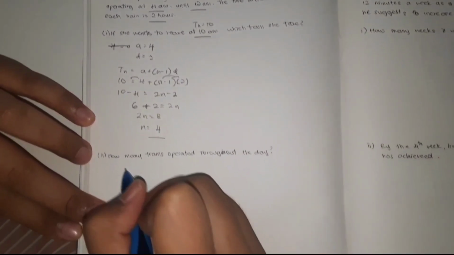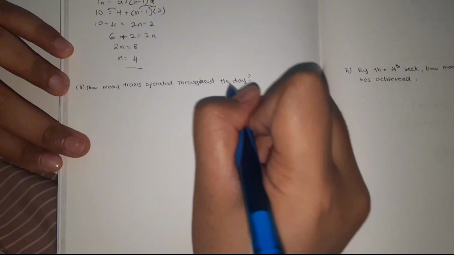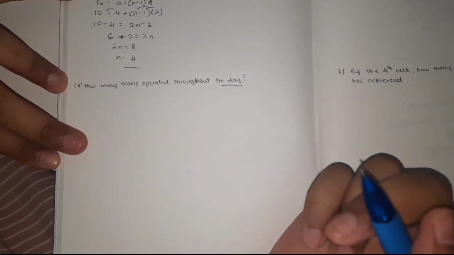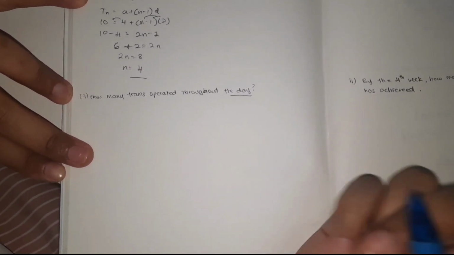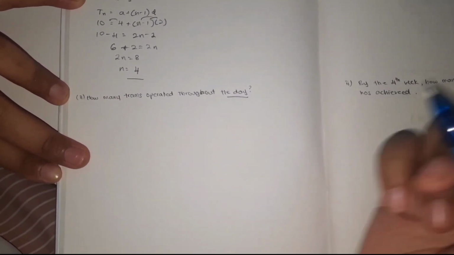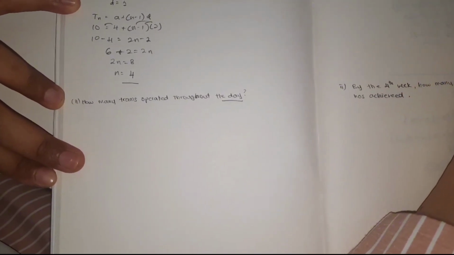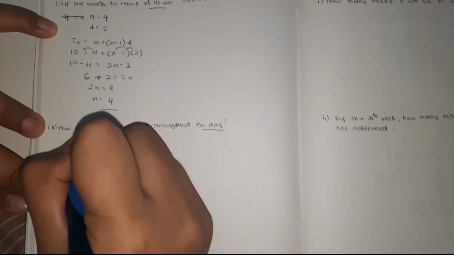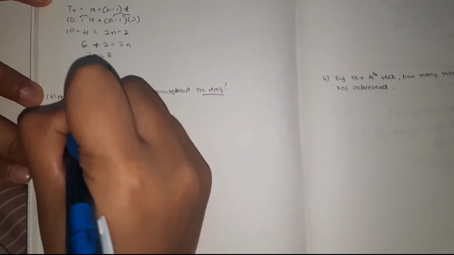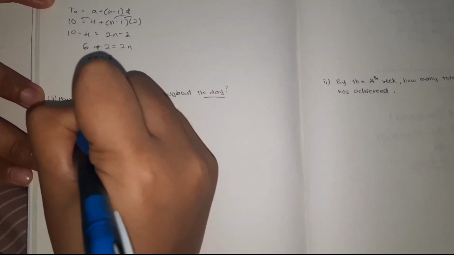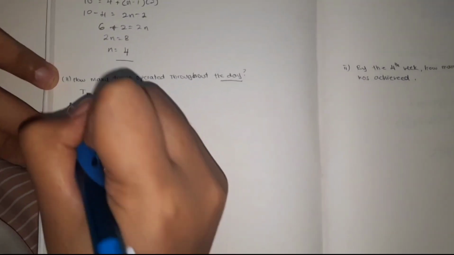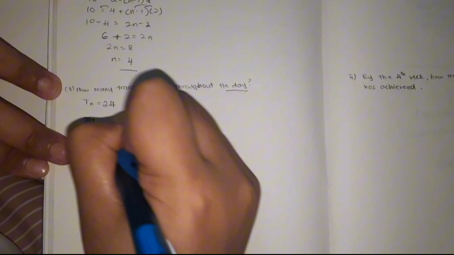Next question is how many trains operated throughout the day. So that means we have to know what time the last train will go. From the question you can see that it is 12 a.m. or midnight. So we take 24, Tn equals 24.